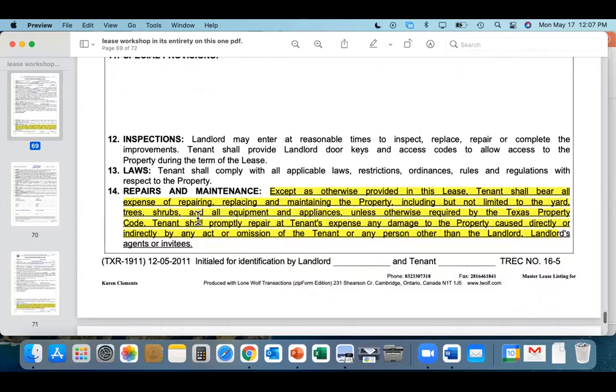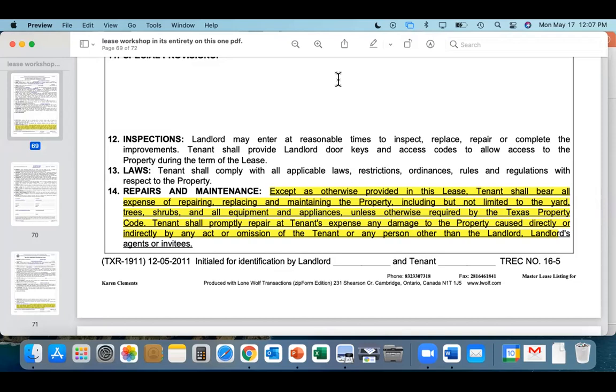I want to talk about paragraph 14, because this is what makes this very different than the other lease. In the other lease, the landlord's responsible for repairs, right? The tenant is responsible for maintenance. In this, it says, except as otherwise provided in this lease, tenant shall bear all expense of repairing, replacing, and maintaining the property, including but not limited to the yard, trees, shrubs, and all equipment and appliances, unless otherwise required by Texas Property Code.